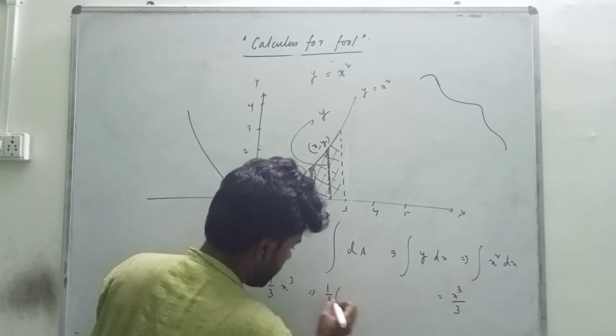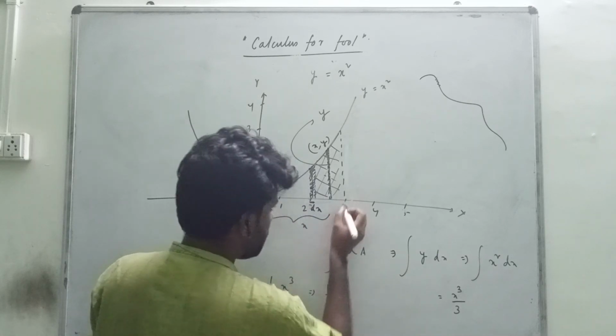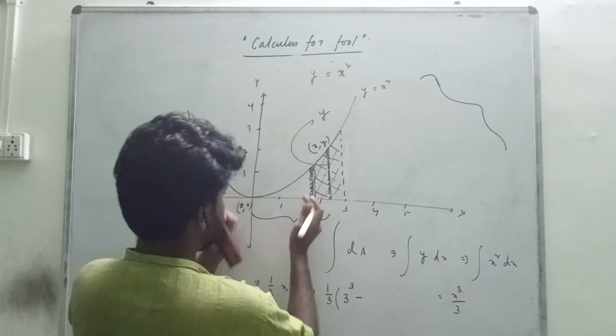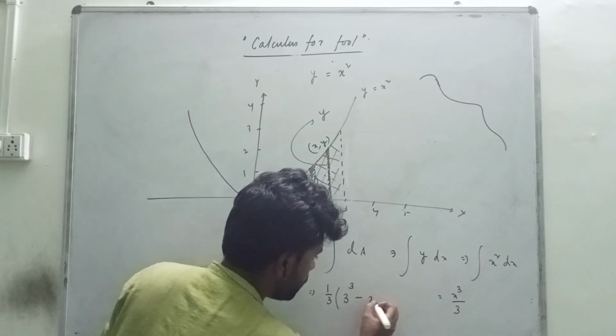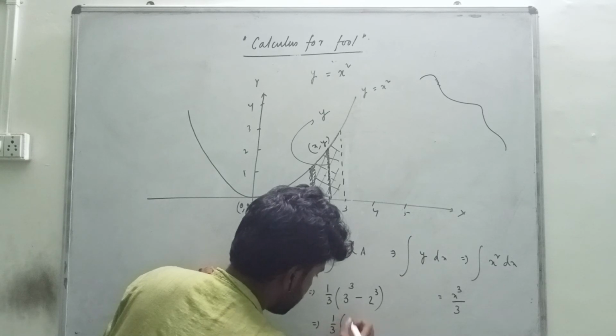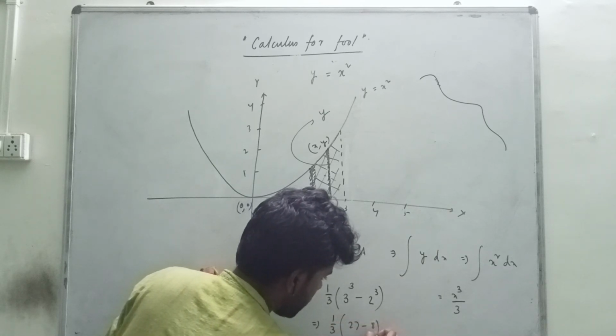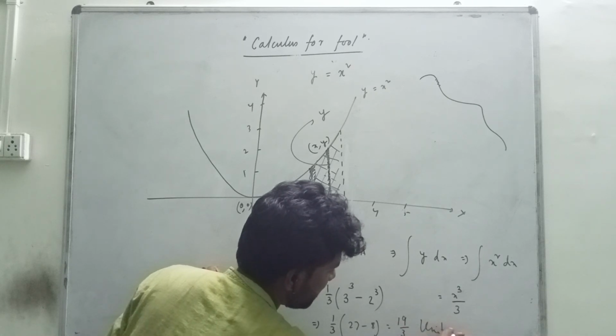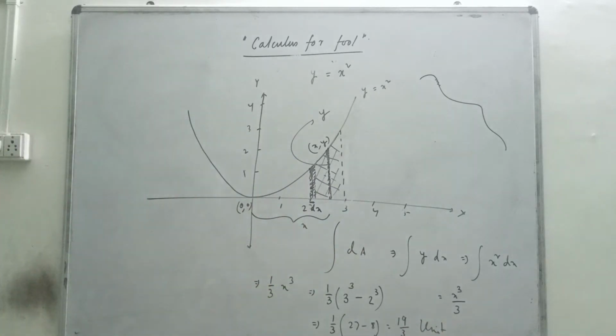So 1 by 3 x cubed means instead of x you write 3 cubed, minus instead of x you write 2 cubed. That means 1 by 3 times 27 minus 8, that means 19 by 3 units. Yes, it is your answer.